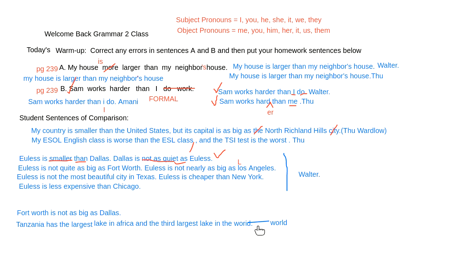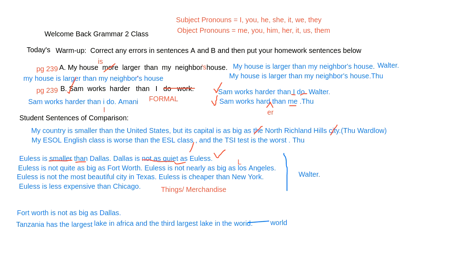I understand your meaning, but we probably will not say that Euless is cheaper because the city is not cheaper. It's things in the city. Or you could say, what did you say too? I say living in Euless is cheaper than New York. Yes, you could say living in Euless is cheaper than living in New York.